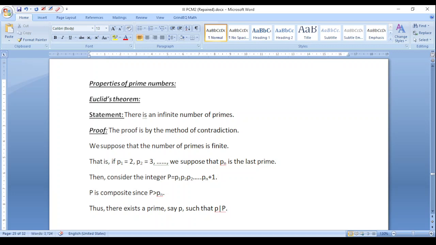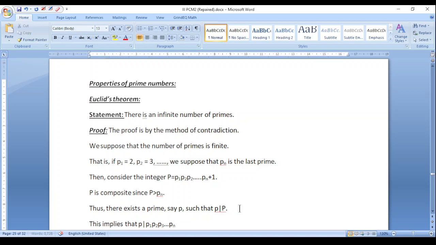Now look at this. This implies that p divides, now, obviously, because capital P is nothing but P1, P2, P3, and so on, Pn, right?